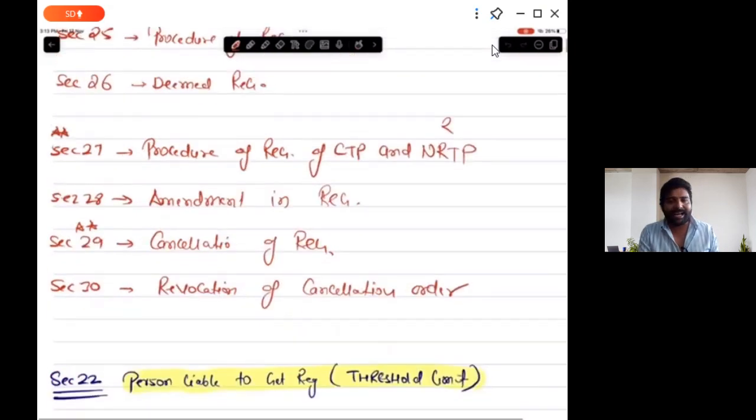Section 27 is again easy: procedure of registration of casual taxable person and NRTP. For amendment, we go to section 28, section 29 covers cancellation of registration, and section 30 talks about revocation of cancellation. I will try to cover sections 22 to 30 in the next 40 minutes, and then we'll move on to the next topic.